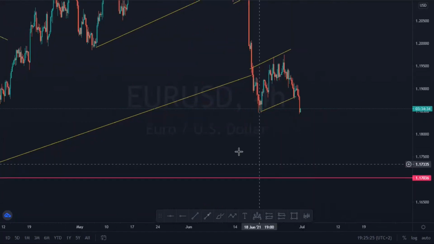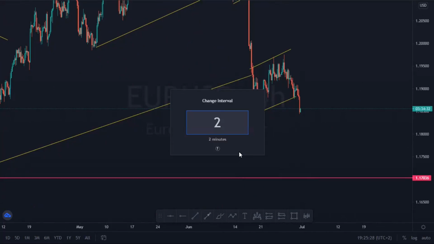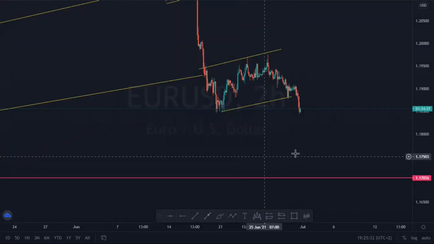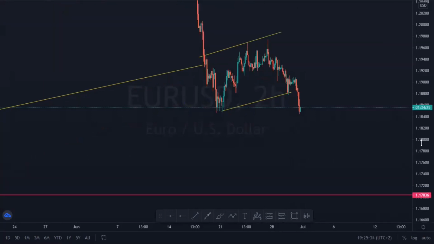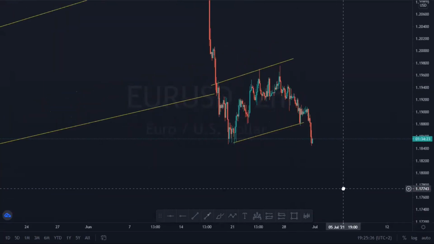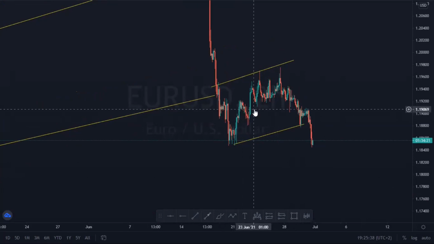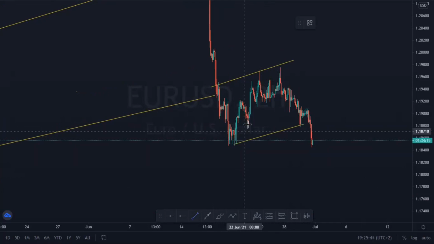So guys, let's go to a 2-hour time frame now and check, what do you see? When we were on the 4-hour, we couldn't see this correction inside here.